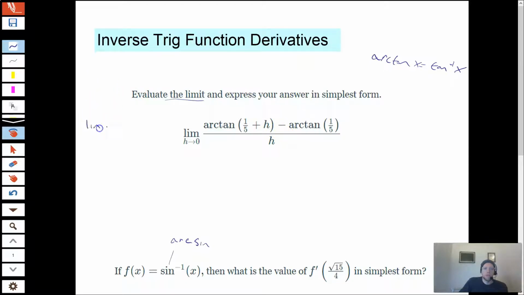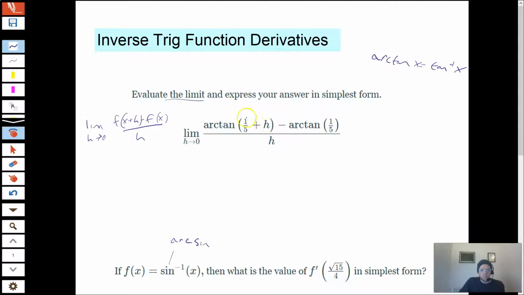This is the limit definition. Remember, the limit definition of a derivative is the limit as h goes to 0 of f of x plus h minus f of x, over h.